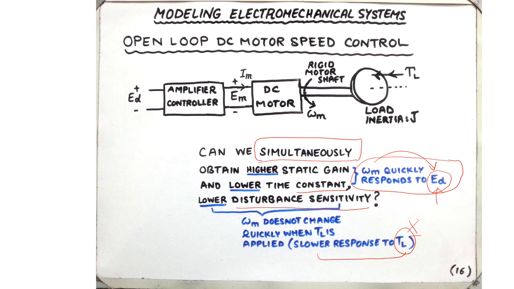But anyways, let us try to figure out a possible solution, a possible approximate good solution, if not the best solution. And what are the techniques to improve the performance of this open loop DC motor control system?